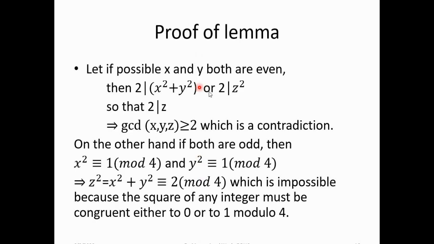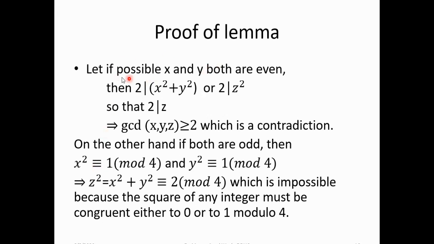Let, if possible, x and y both be even. That implies 2 divides x square plus y square, or 2 divides z square, because x square plus y square is equal to z square. So 2 divides z square, so that 2 divides z also. So this implies that GCD of x, y and z is greater than or equal to 2, which is a contradiction.